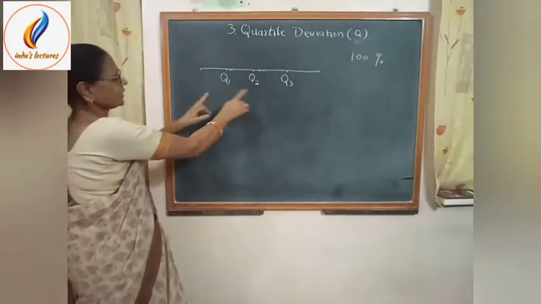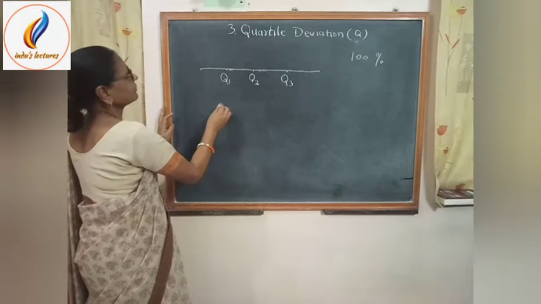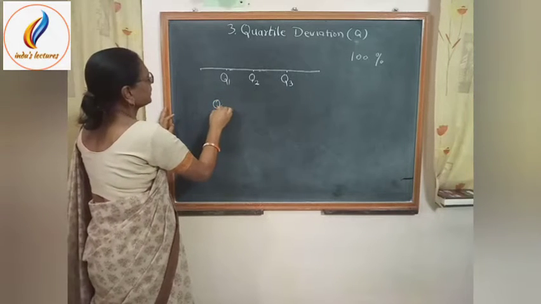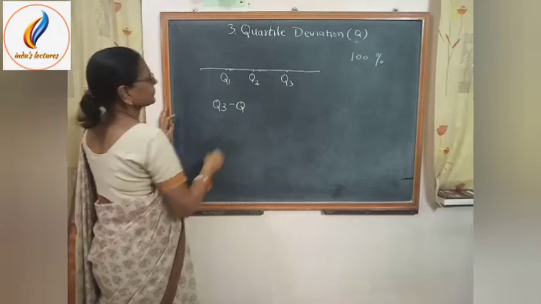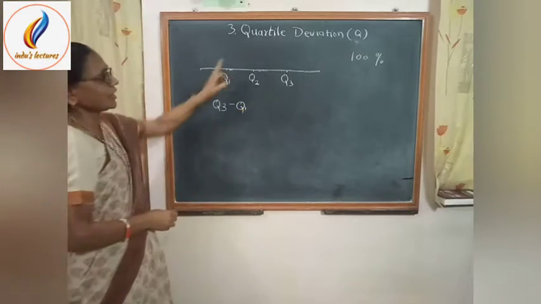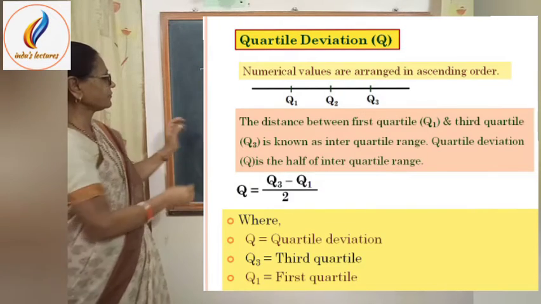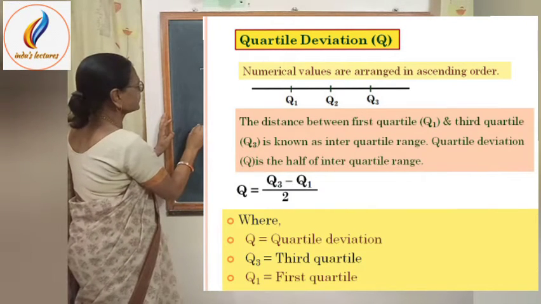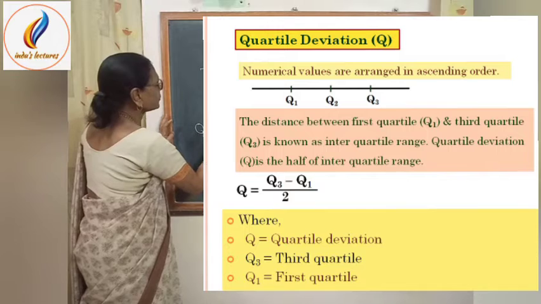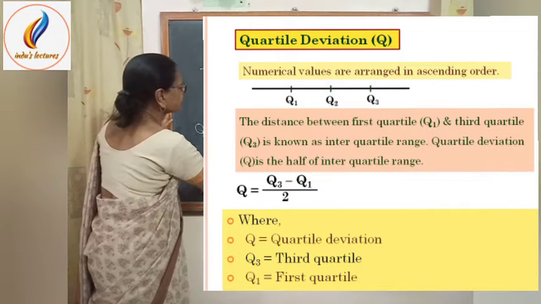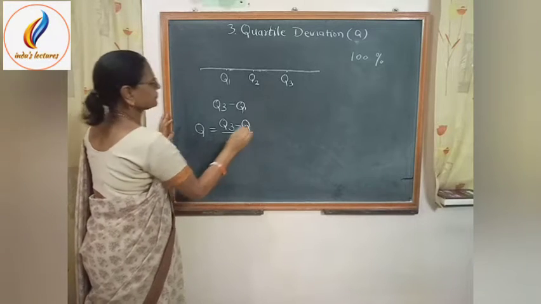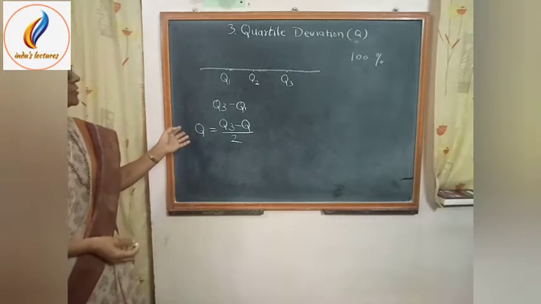Now the interquartile range can be found as Q3 minus Q1, and quartile deviation is half of the interquartile range. Therefore, quartile deviation Q is equal to (Q3 minus Q1) upon 2.